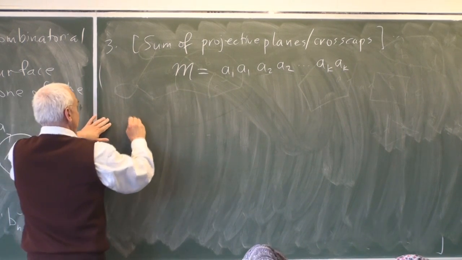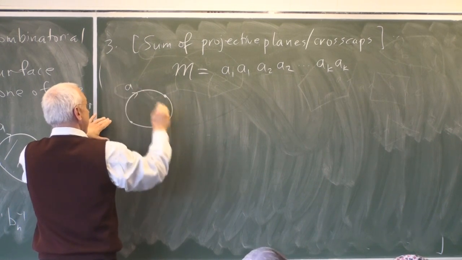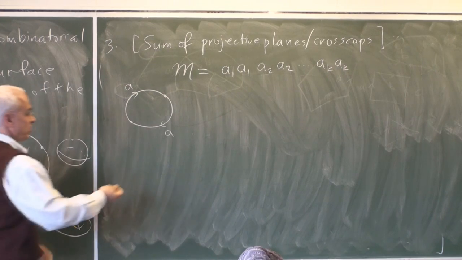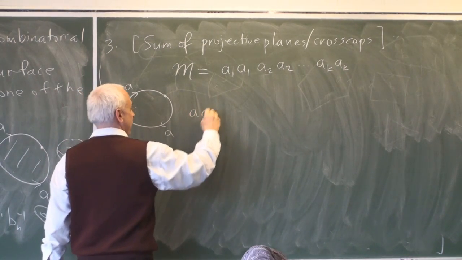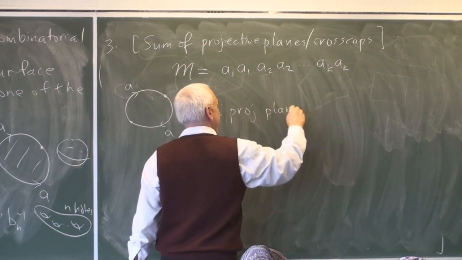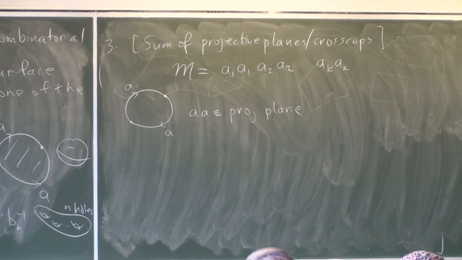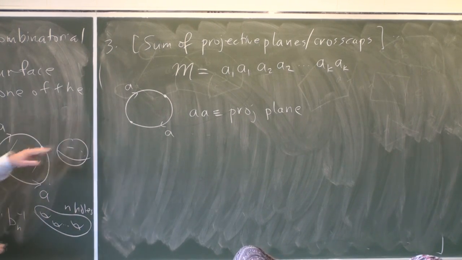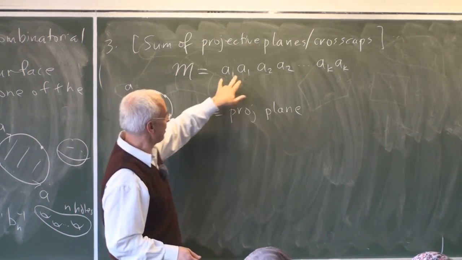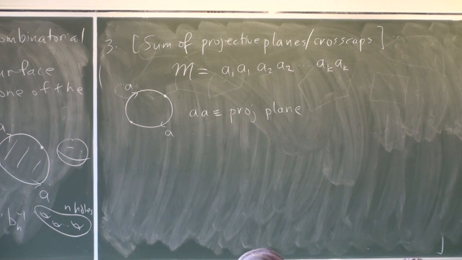So a special case, if we just have a single A followed by A, then that's our projective plane. AA is the projective plane. If we have more than just two edges in the same direction, then that's called a sum of projective planes, and that's another possibility.